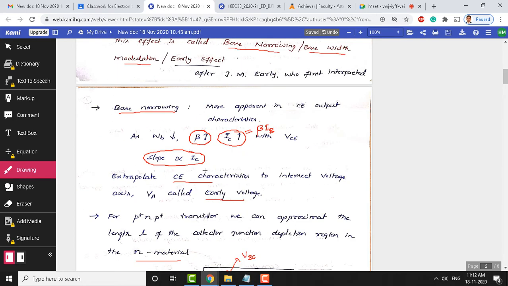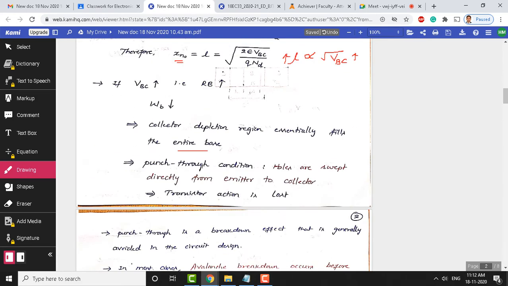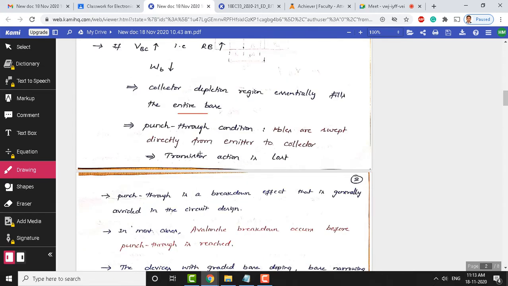Under that circumstance, let us see what is going to happen. The collector depletion region essentially fills the entire base region. This is a situation where, due to the large reverse voltage, the depletion region occupies the entire base region, and because of that, what happens now? This condition is called the punch through condition.